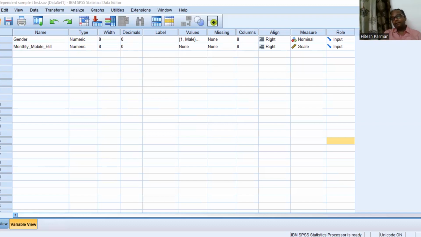The smaller the t calculated, the larger the p value. Here the t calculated is very small, only 0.37. So we have a large p value, greater than 0.05, and it is 0.707. So ultimately we are concluding that both the groups have an equal monthly mobile bill.